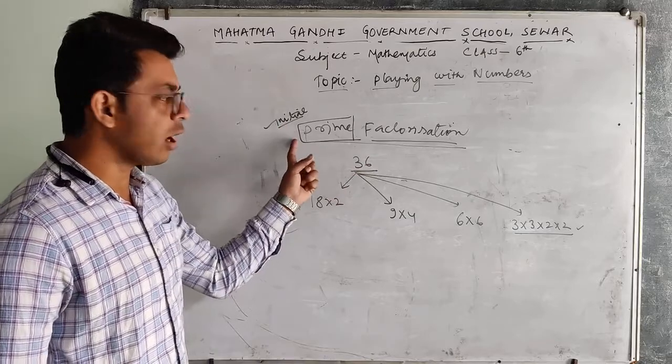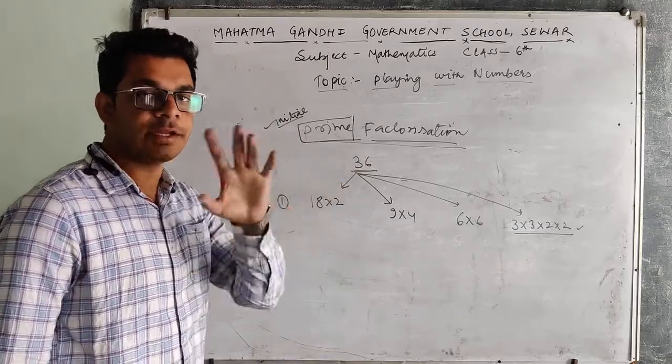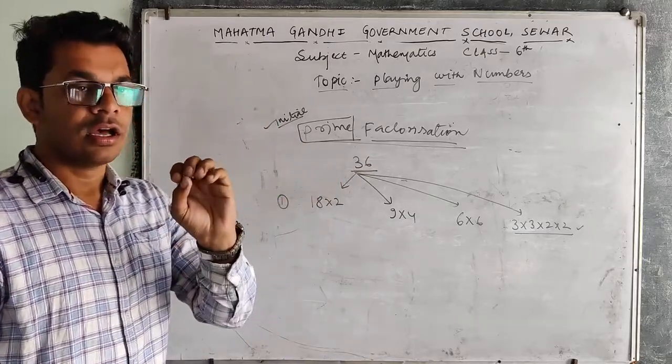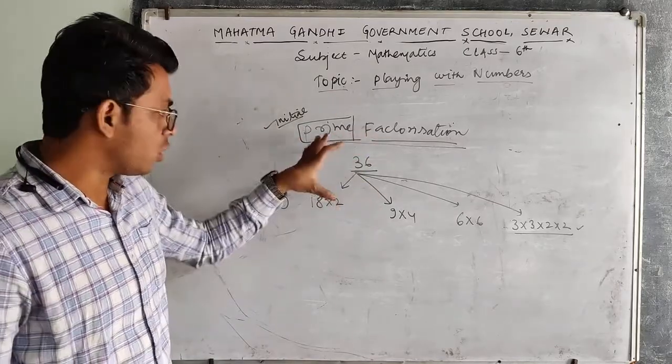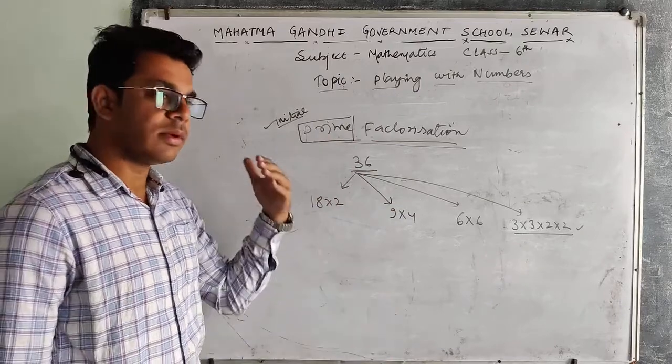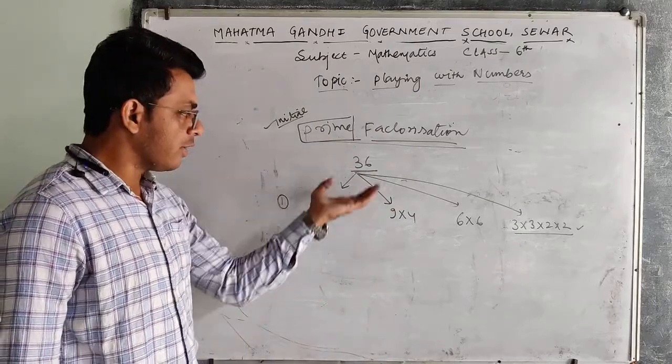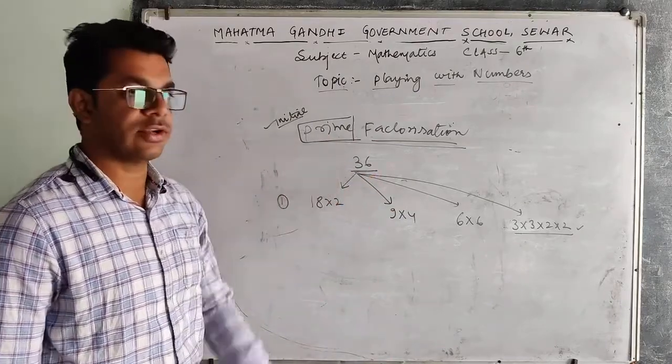But when we are talking about prime factorization, it means we should at least reach the smallest numbers, the initials, the lowest digits into which we can factorize any number. That is called prime factorization.